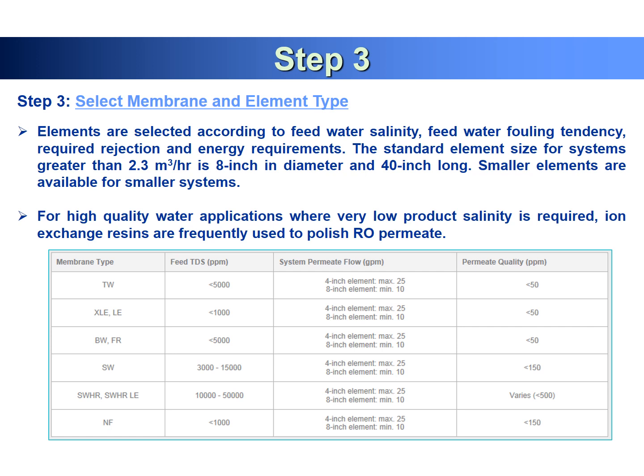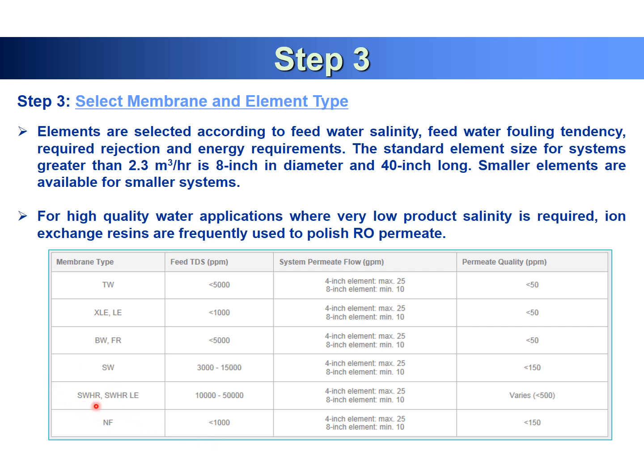So let's look at the membrane type: TW, XLE, PW, SW, SWHR, NF. NF is nanofiltration, which you can apply less than 1000 mg per liter of feed TDS.